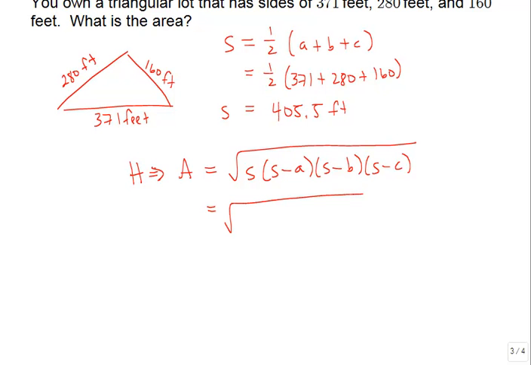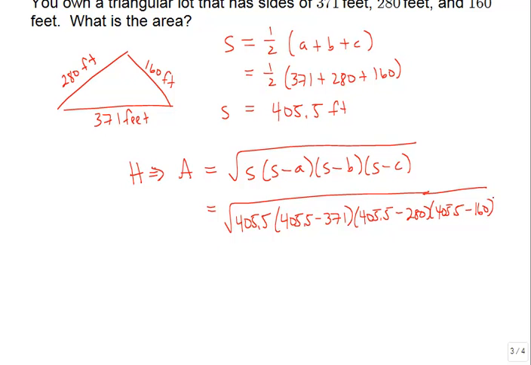So if we plug in all these S's and A, B, and C, we're going to get 405.5 for the first S. Here would be 405.5 minus A, which is that 371, and then 405.5 minus B, which is that 280, and then 405.5 minus the 160.